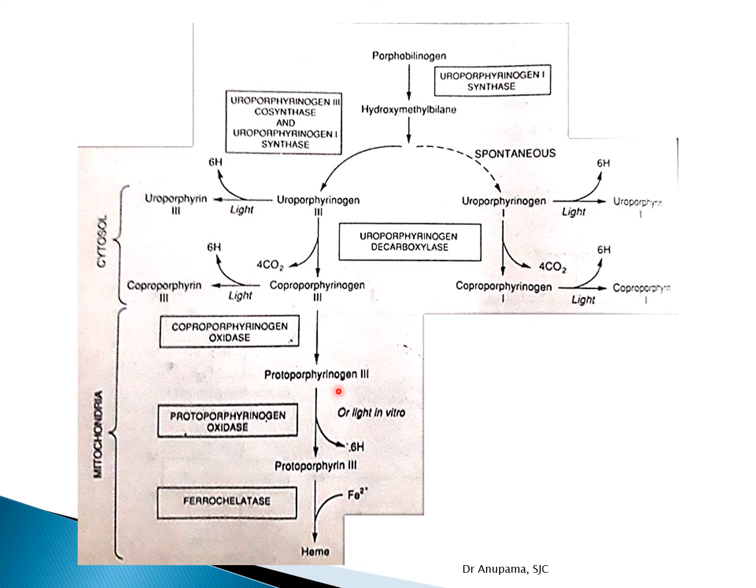Again, protoporphyrinogen oxidase oxidizes this, or even in the presence of light in vitro, oxidation of protoporphyrinogen 3 occurs and it results in protoporphyrin 3, which is the precursor for heme. This protoporphyrin 3 takes up iron in the presence of ferrochelatase to form heme. So all these reactions are taking place in the mitochondria.